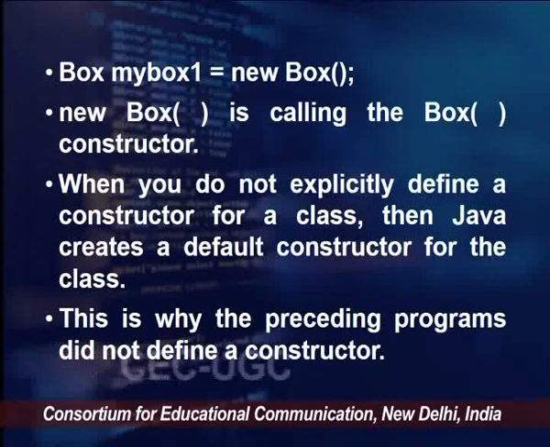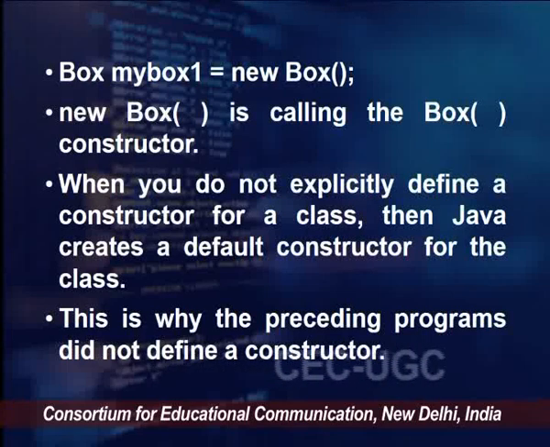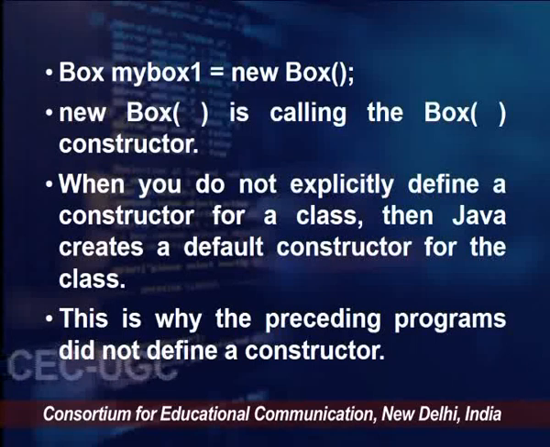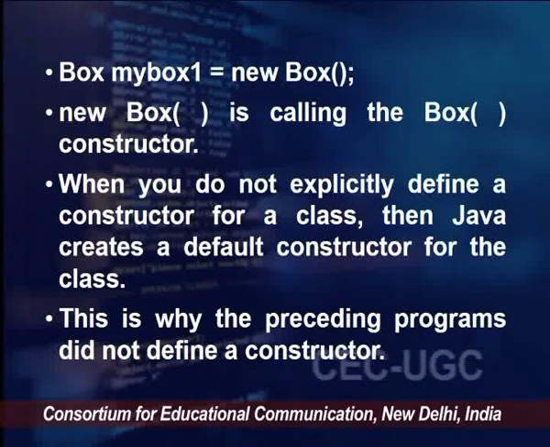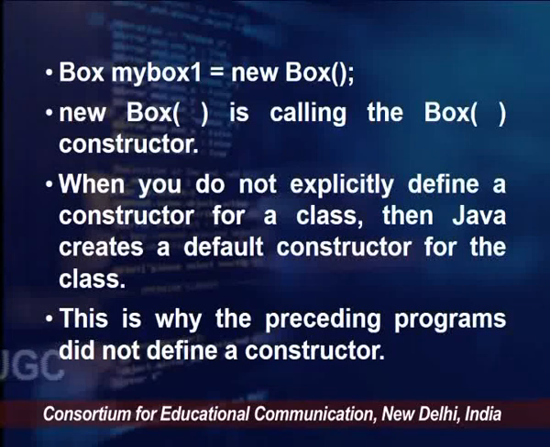Now the point is, till this point we have not explicitly defined a constructor for the class, and the program was running fine. When you don't explicitly define a constructor for a class, Java creates a default constructor, and that is why our preceding programs did not define any constructor. The default constructor automatically initializes all the instance variables to 0.